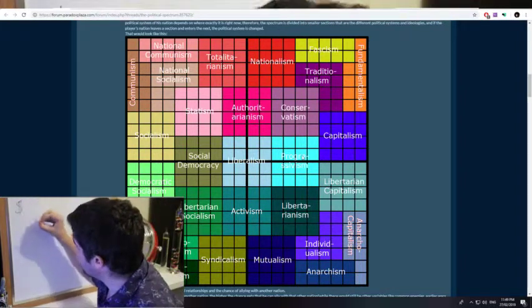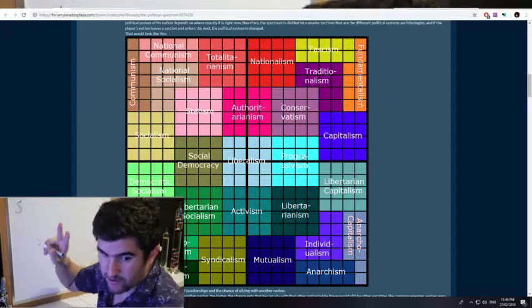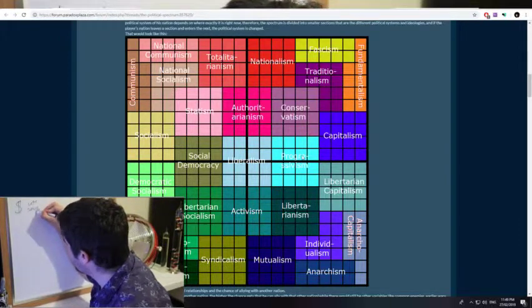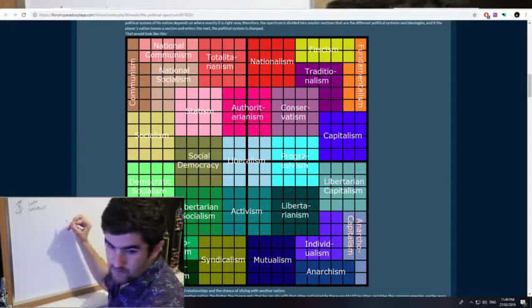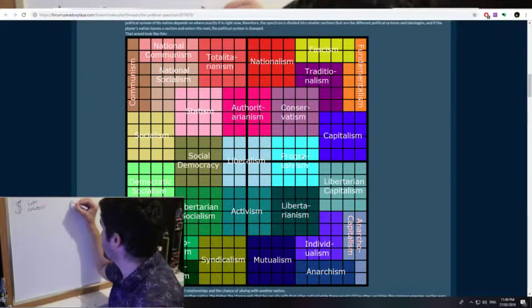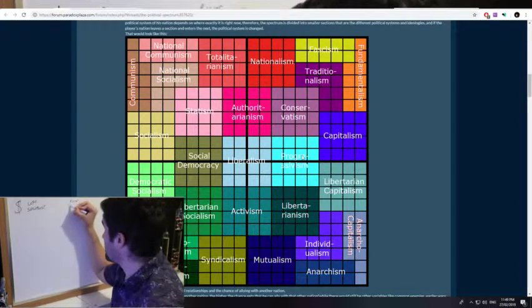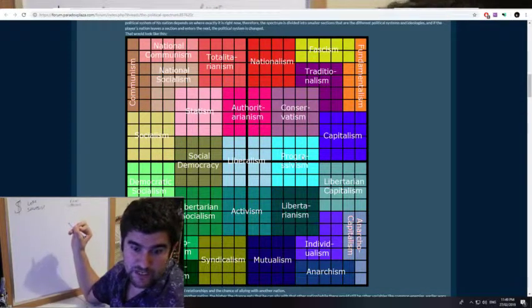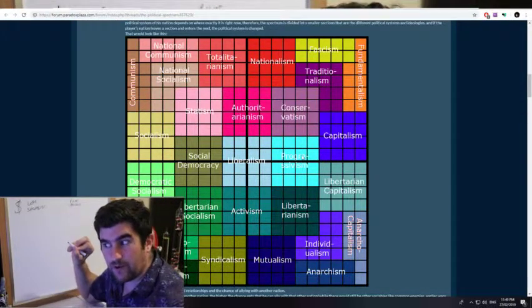So let's go. Financial policy. We have the left option, socialist. And we have the right-wing option, which is going to be capitalist. Left and right. We can all pretty much agree on that one, I think.